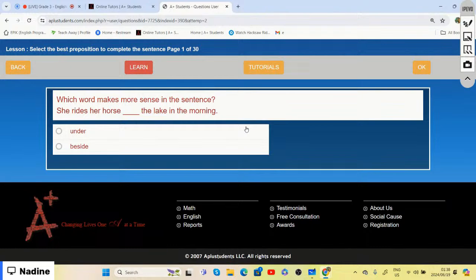All right. And if we were to choose the correct one, the word that makes more sense, we can say that she rides beside the lake, right? Remember, can't say under the lake.